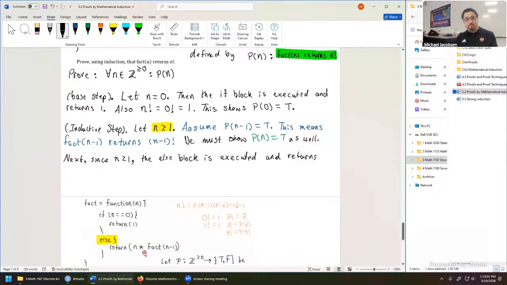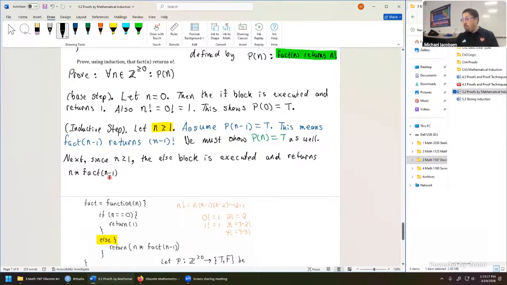The return is this. It returns n times another function call, factorial n minus one. And if n is large, this could be a lot of function calls because it's recursively defined.